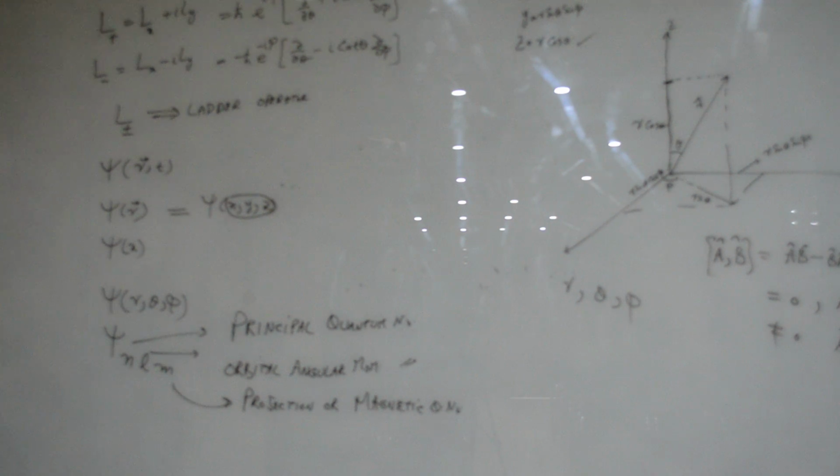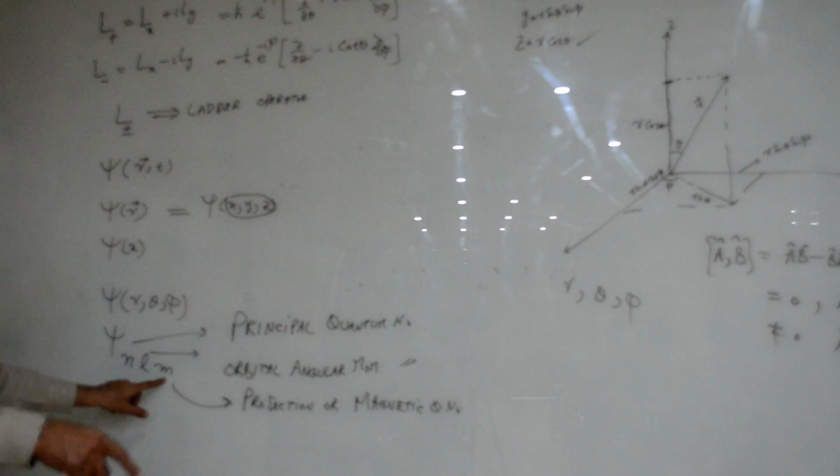So r depends upon n. Then l is the orbital angular momentum quantum number, which depends not only on r but on theta, the angle, as well. And the last one, m, depends only on the projection.